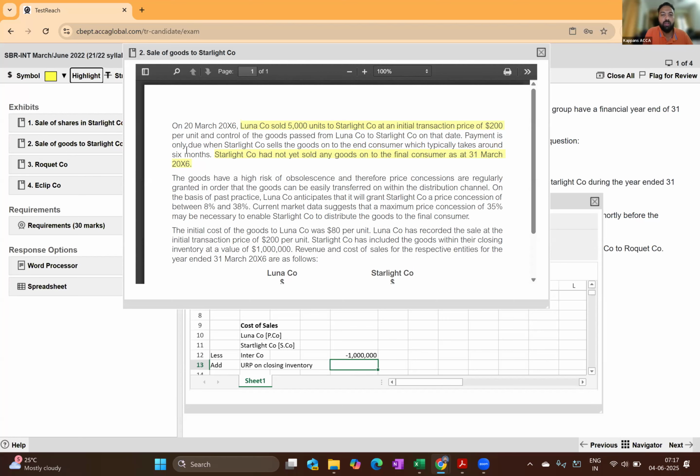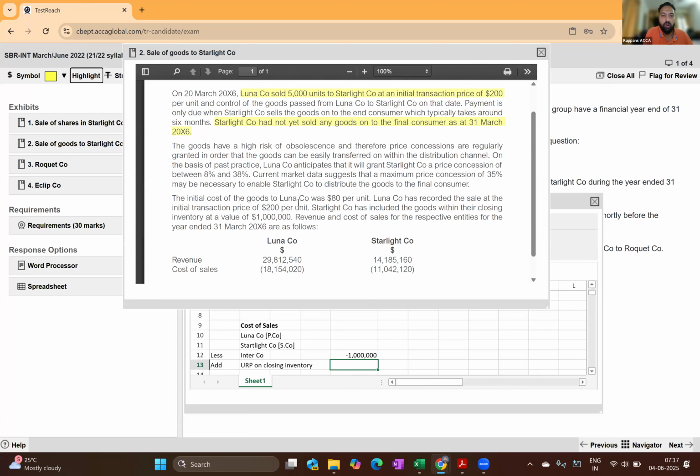The initial cost of goods to Luna Company was $80 per unit. So parent company bought these goods for 80, and parent is selling these goods for $200 per unit. That means parent is making a profit. So we can calculate URP from this information.